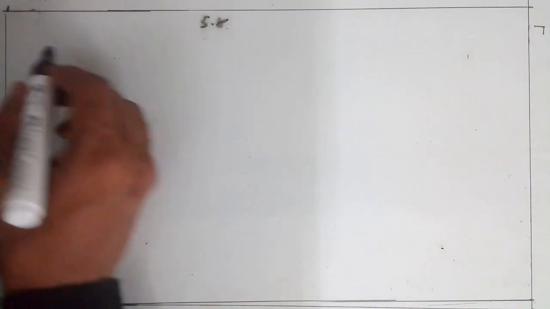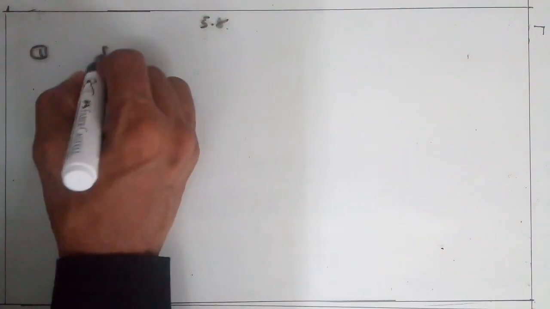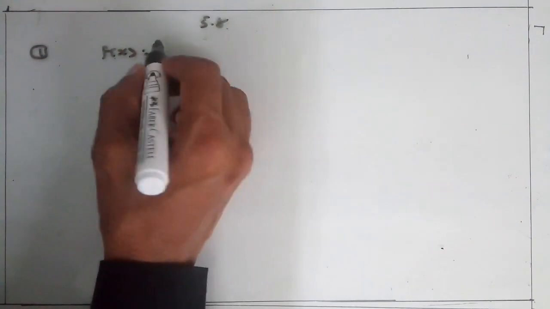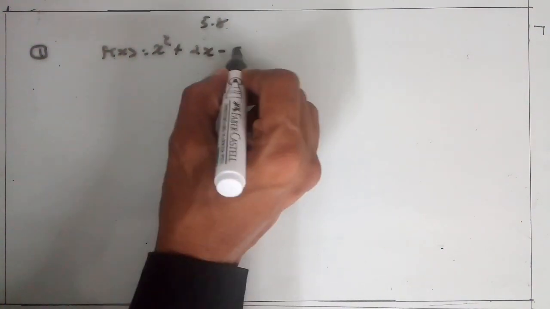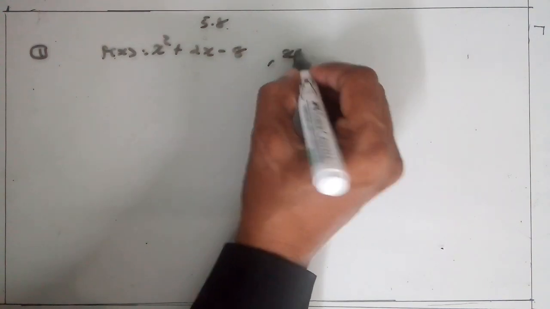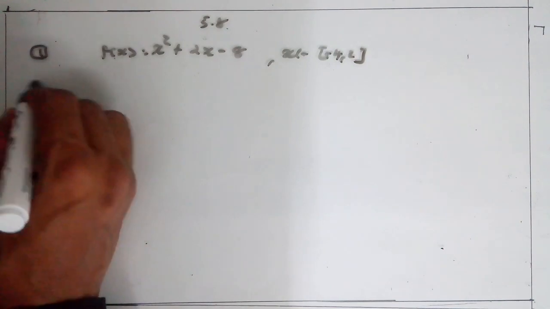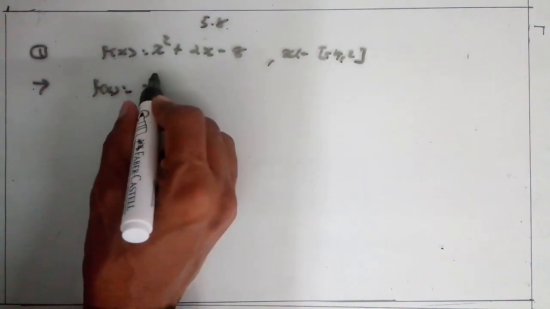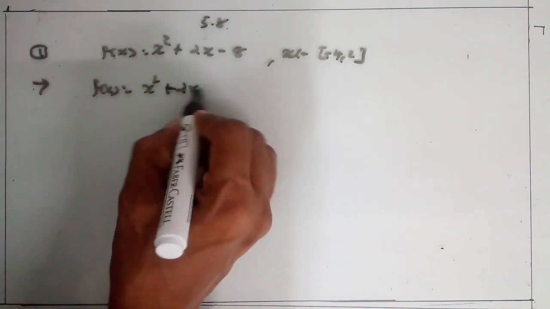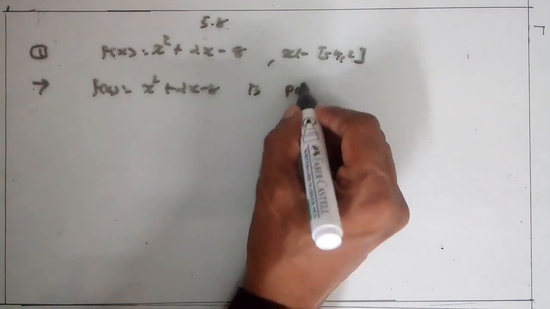Now question number 1 of 5.8. Verify Rolle's theorem for f(x) equals x squared plus 2x minus 8, where x belongs to the closed interval [-4, 2]. Here f(x) equals x squared plus 2x minus 8 is a polynomial function.